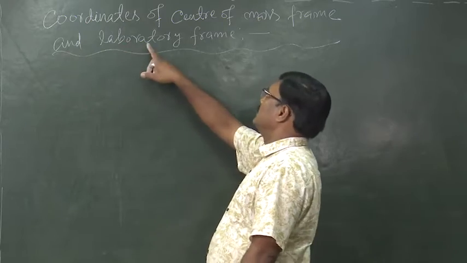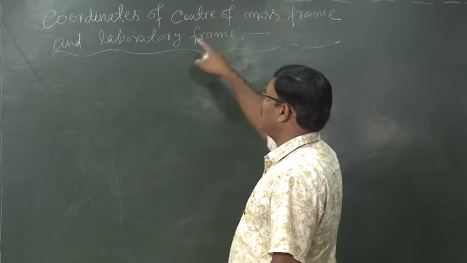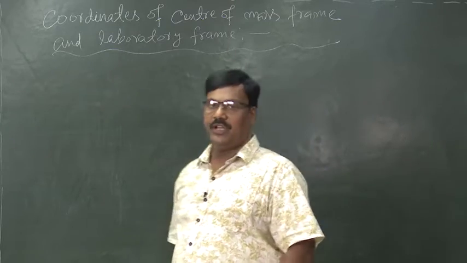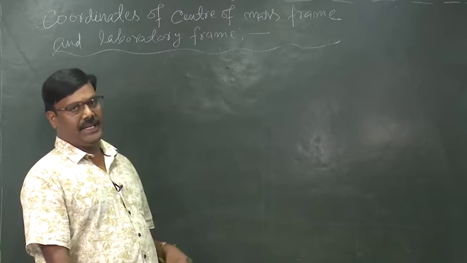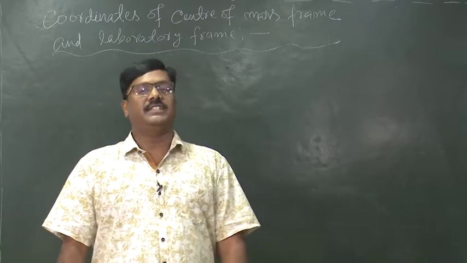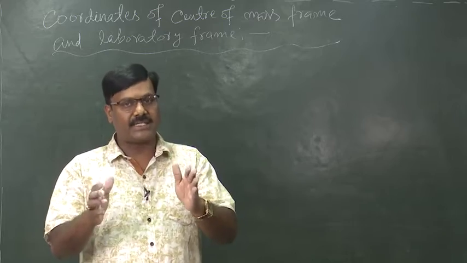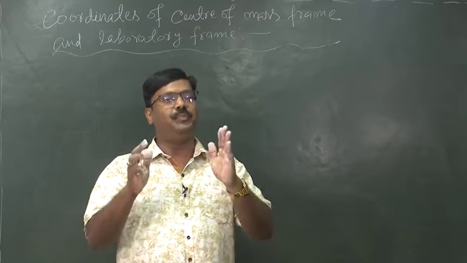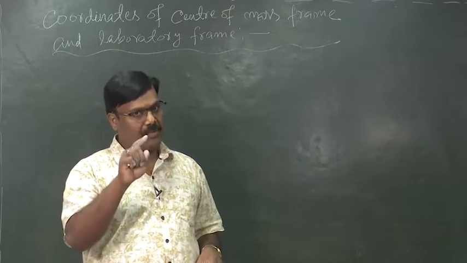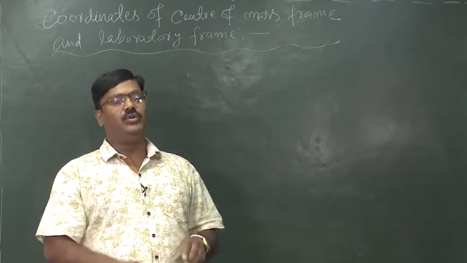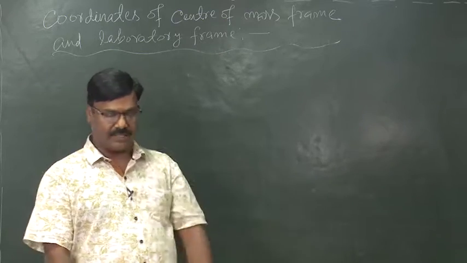Let us find out the coordinates of the center of mass frame and the laboratory frame of reference. To have an idea regarding the coordinates of center of mass frame and laboratory frame, let us first consider a two particle system with respect to the center of mass system and also with respect to a laboratory frame of reference.